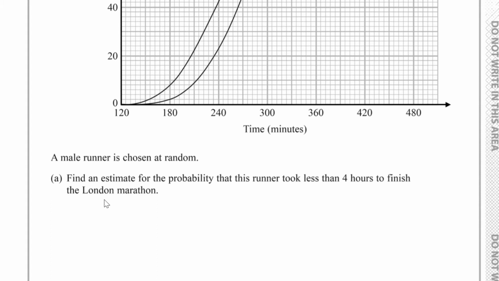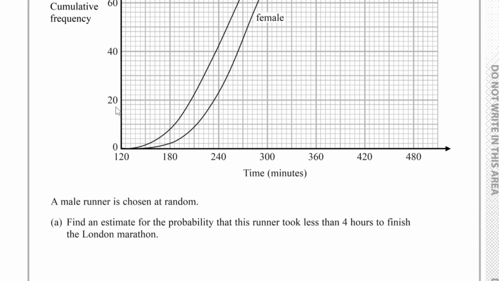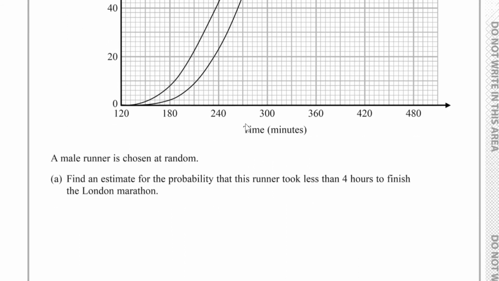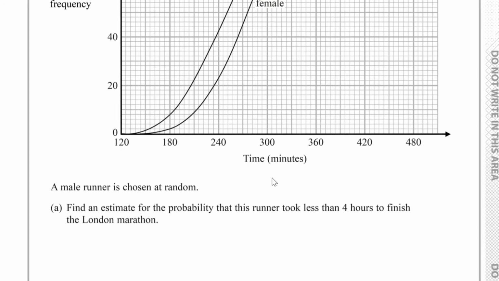So what you can see over here is, if we go back to the graph, there's 100 male runners in total. So, well, we need to find out how many took less than 4 hours to finish. And first of all, you'll notice here the time is given in minutes.